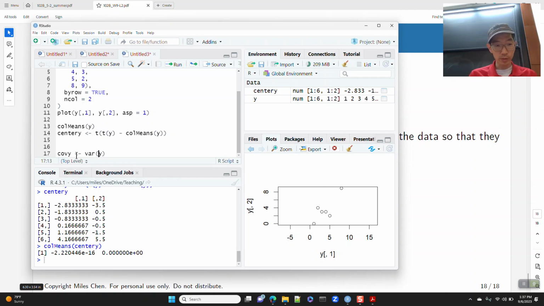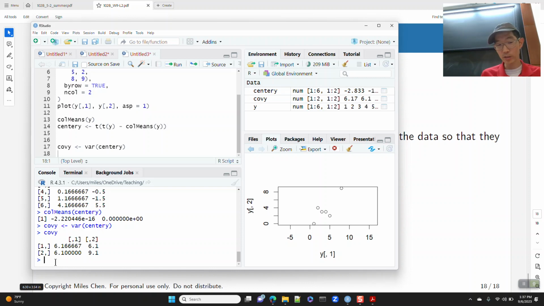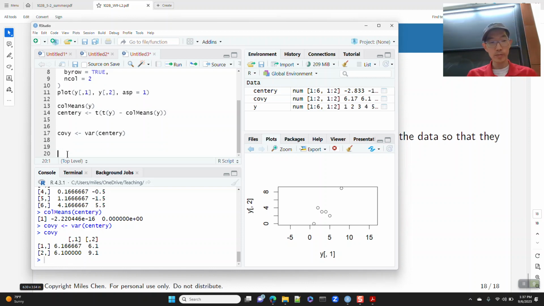All right, so now we're going to get the covariance of y. I'll ask for the covariance of our centered y. So covariance of y gives me this 2 by 2 matrix. And now we'll ask eigen on the covariance of y.